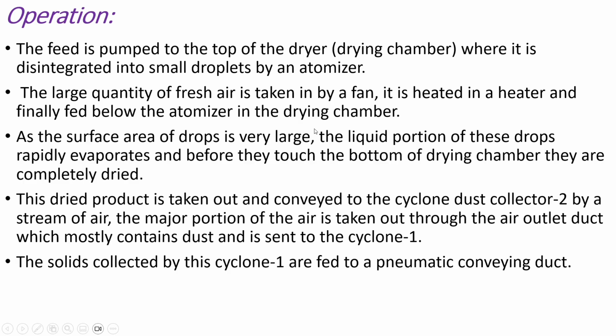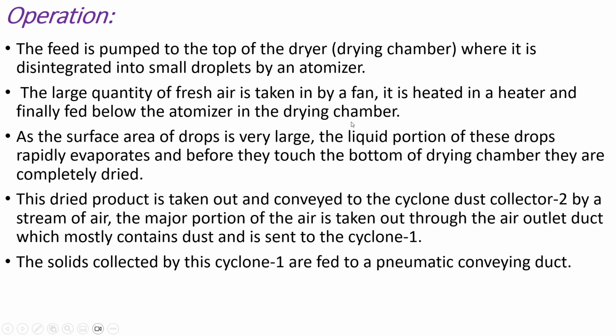The feed is pumped to the top of the drying chamber, where it is disintegrated into small droplets by an atomizer. The large quantity of fresh air is taken in by a fan. It is heated in the heater and finally fed below the atomizer in the drying chamber.